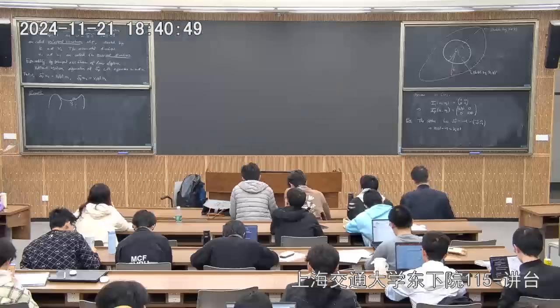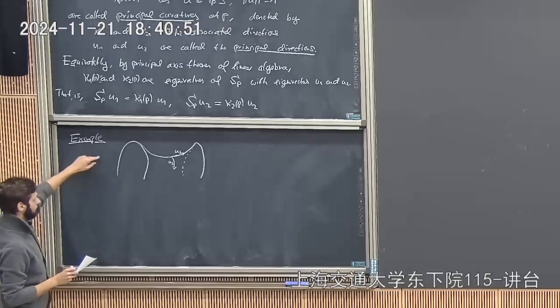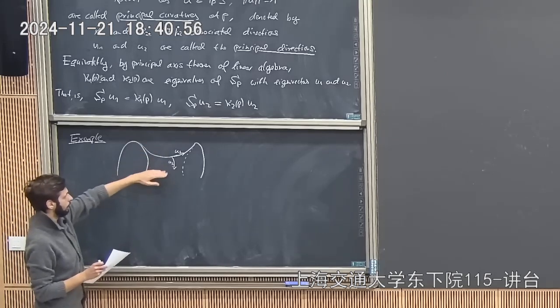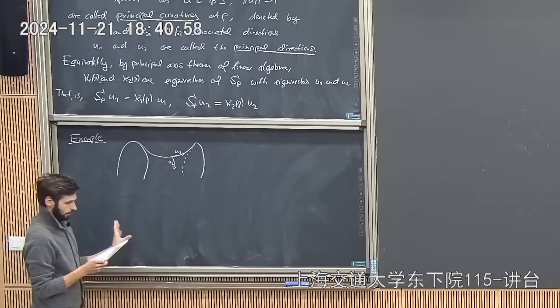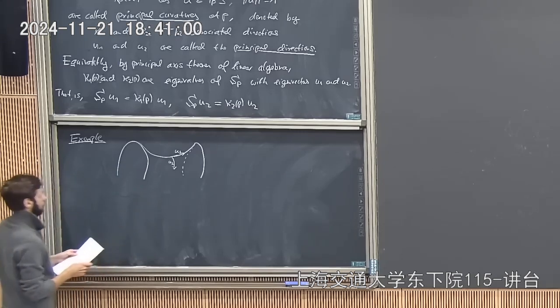And if you compare it with these pictures which I just had here, you already see them still. One of them is like the normal direction goes up, and then one of them is positive and the other one is negative.